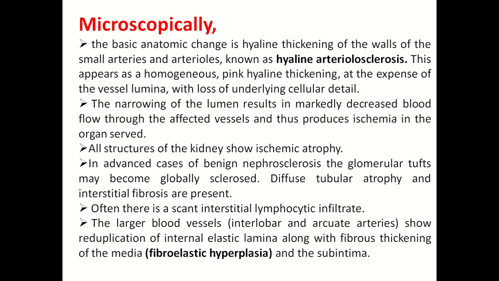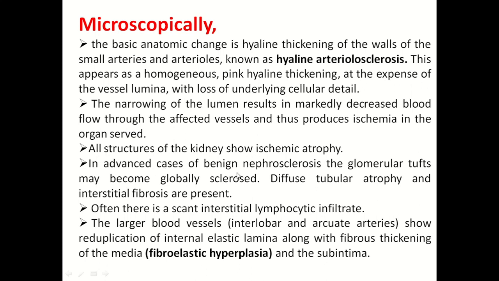Because of this hyalinized arteriosclerosis, the lumen continuously narrows and there may be changes of ischemia in the renal substance. The narrowing of the lumen results in marked decreased blood flow through the affected vessels and thus produces ischemia in the organ served. All structures of the kidney show ischemic atrophy.